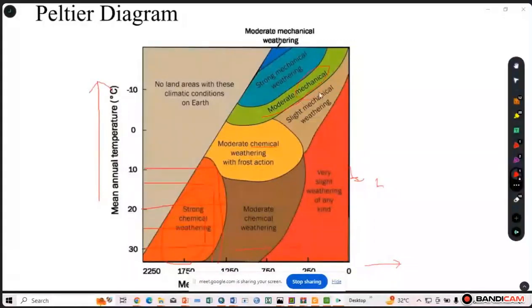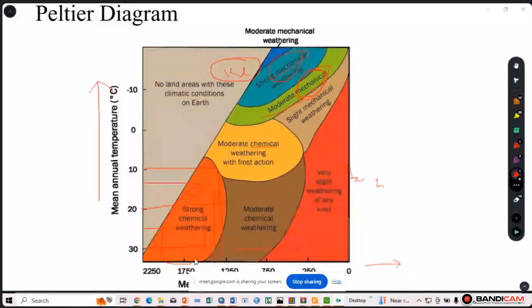The involvement of mechanical weathering increases when the temperature decreases. This is the ice field area where strong mechanical weathering occurs. This graph shows the rate of weathering in relation to temperature and precipitation.